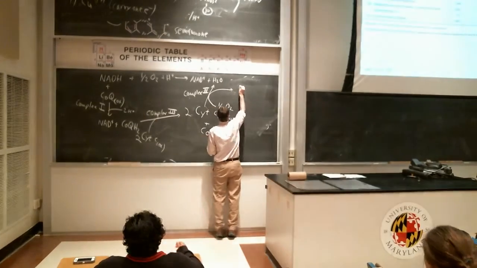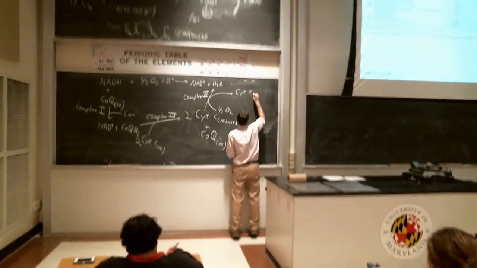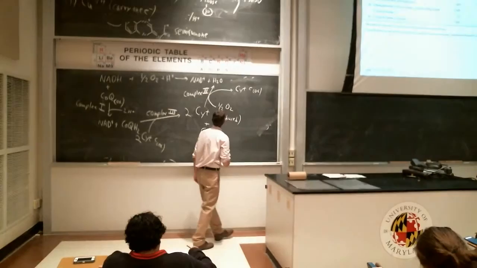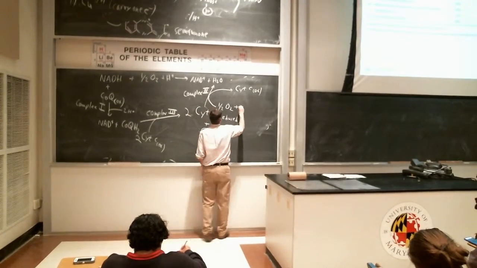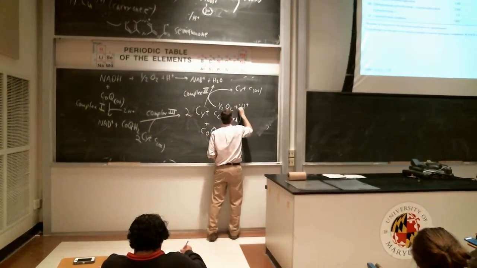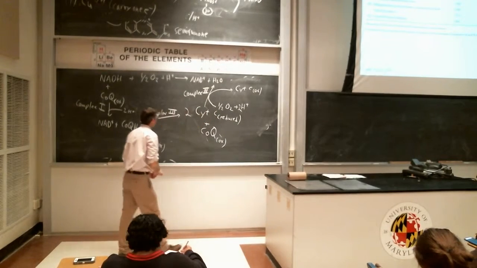And the cytochrome C gives up its electrons and becomes oxidized, and I guess we also need 2 protons as well. Right? So that's the sequence of events.